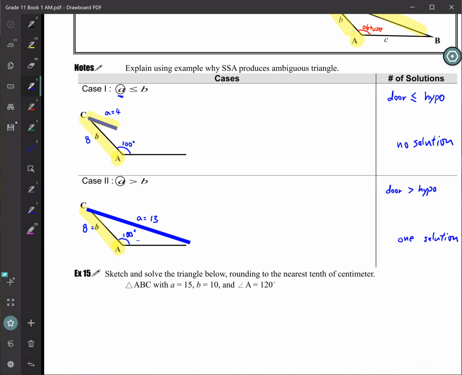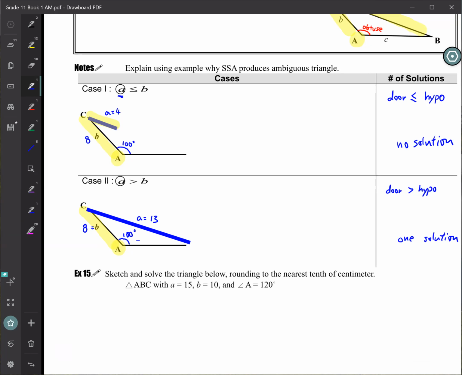Because it's ambiguous, ambiguous means you are given an SSA, which means you have to think more. So let's look at the definition here. Given two sides and a non-included angle means the angle is not in between the sides. So they give you this angle, I'll highlight it.